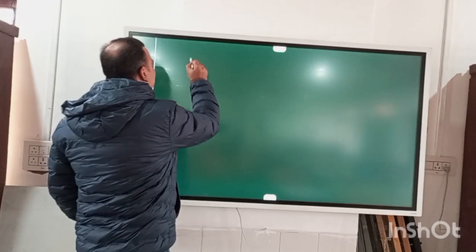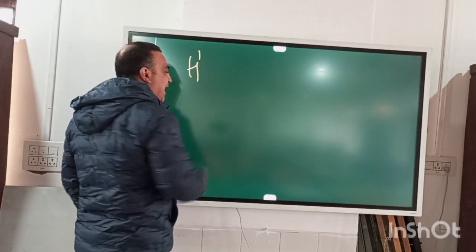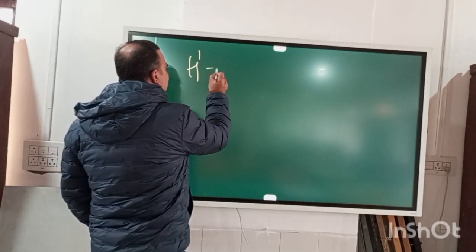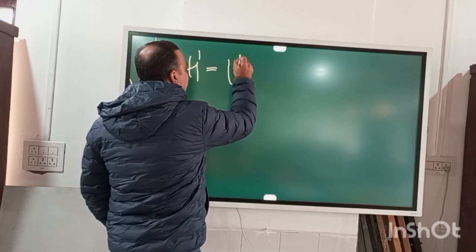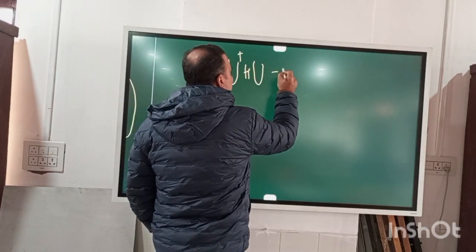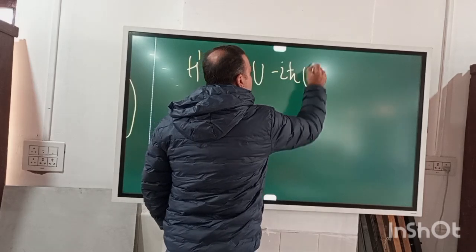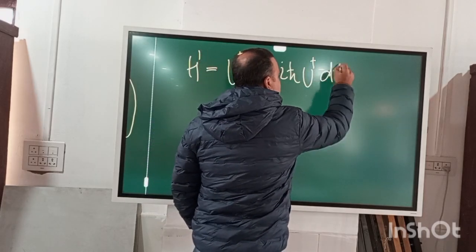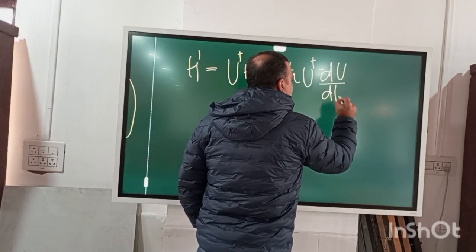So I'm trying to translate my problem into a rotating frame of reference. When I do that, I will have the Hamiltonian H dash. This H dash will be U dagger H U minus i h bar U dagger dU by dt.